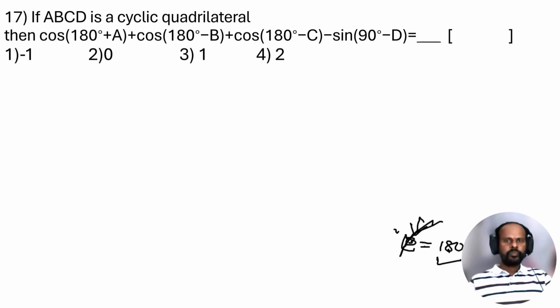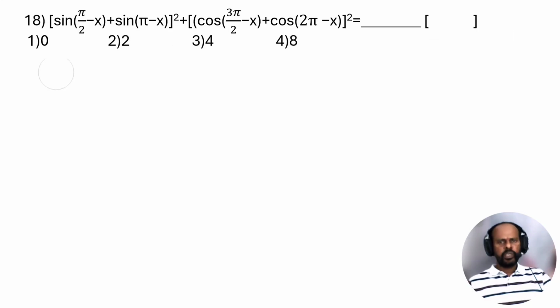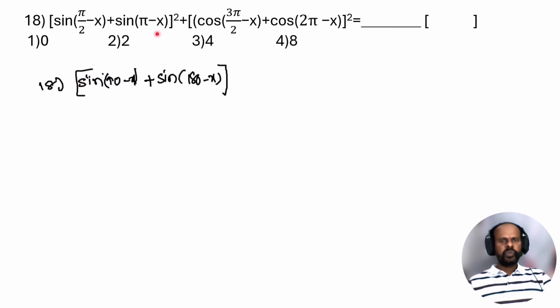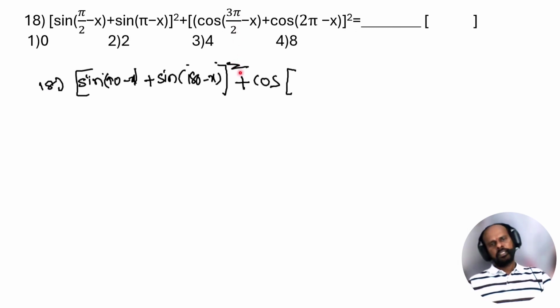Now the 18th one. If you observe, let us simplify first, then you will get the answer easily. Remember, pi means 180 degrees. So sin(90 minus theta), this is 180 by 2, 90 minus theta, and pi equal to 180, sin(180 minus x), and here the square is already given in the question, whole square, writing as it is, plus cos(3 pi by 2 minus x), where 3 pi by 2 can be written as 270 degrees.